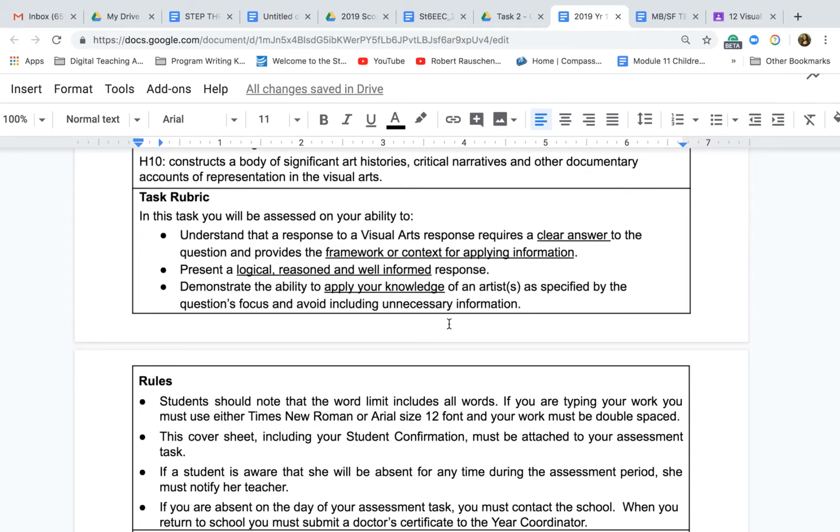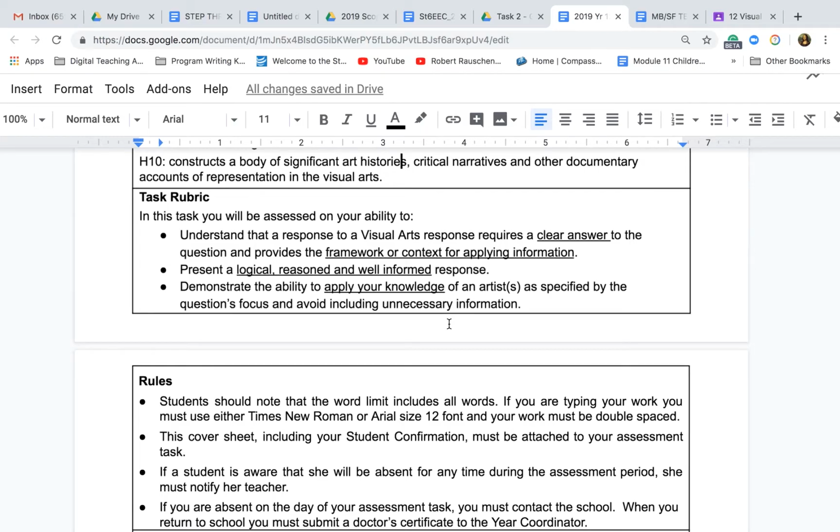That's what we've been practicing in class, more in short response than in a longer essay, but that idea of making sure that all the information you present, the artists, the artworks, the examples and the points, are all relevant to the question.